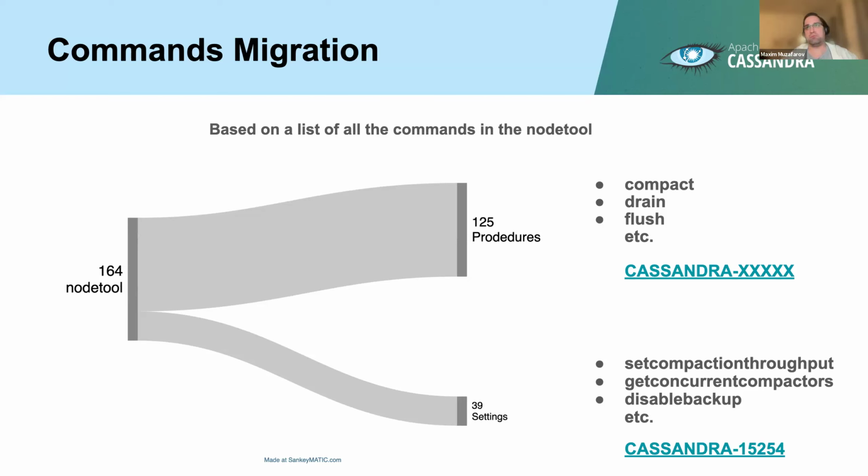Some of them, like compact, drain and flush, are the basic commands, the main commands that we're interested in. They will be exposed through the SQL interface, and through new dynamic MBeans, and nodetool will call these dynamic MBeans in order to run these commands. The other part, related only to node configuration, which we can change at runtime, will pass through the settings virtual table.